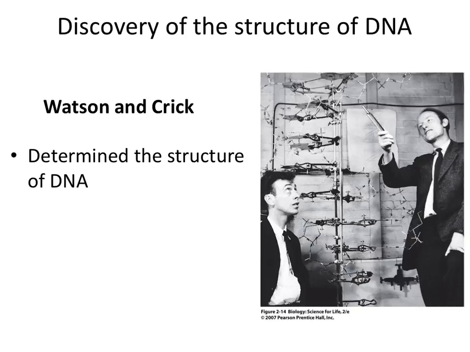When she got that information, they saw it and they suddenly were able to figure out that in fact DNA was a double helix, which is what we've been looking at, these double strands that curve around each other. And they were able to figure out the structure of DNA.